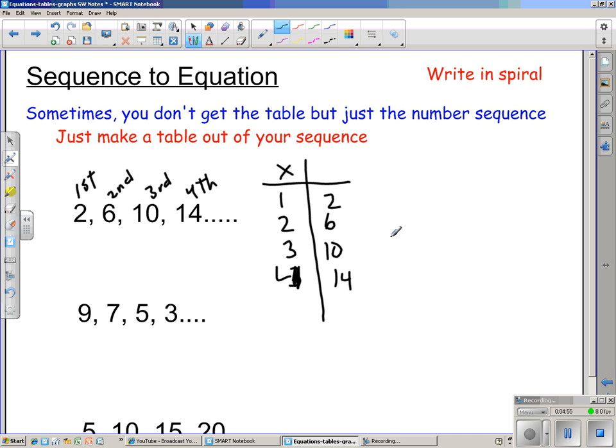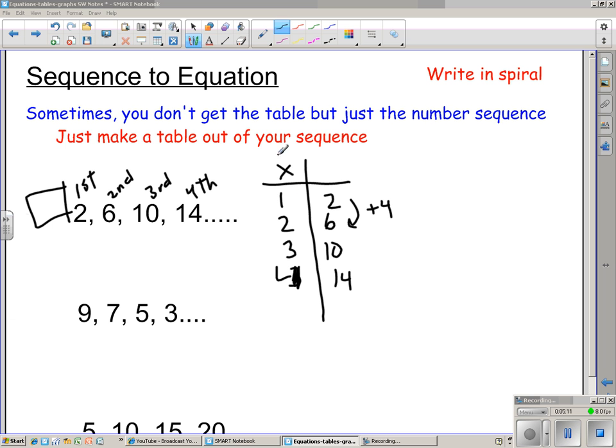Now, to write this equation, you would look at it. How much is this going up by every time the x changes places? It's going up by 4. But hey, we don't have the 0 spot. You have to figure out what is that number that comes before the sequence. What if you followed it backwards? Instead of adding 4 every time, we'd have to subtract 4. That would bring it back.